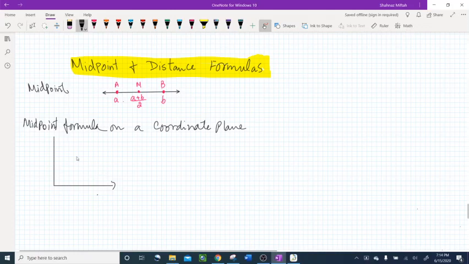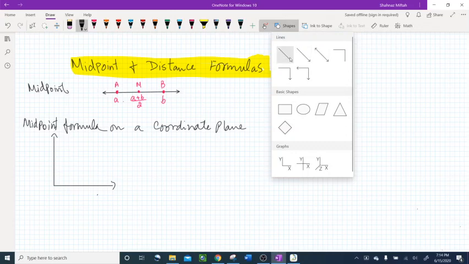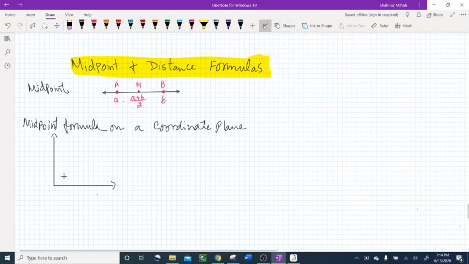Now I have a line up here, and I have two points, endpoints A and B. This is A, that's B, and I have a midpoint, that one.